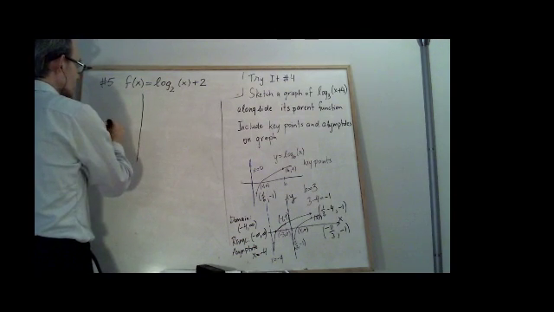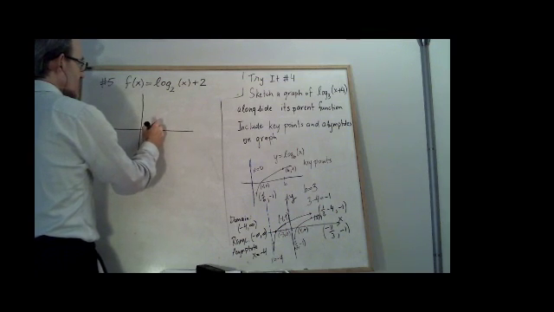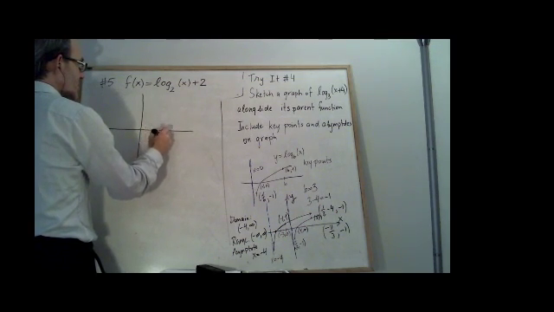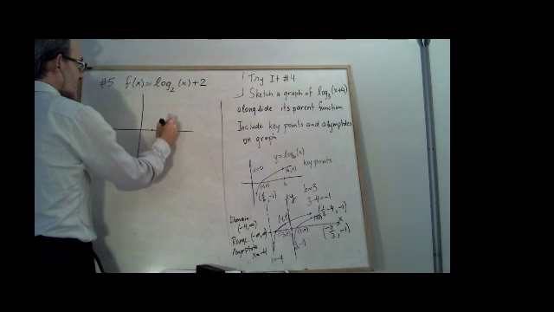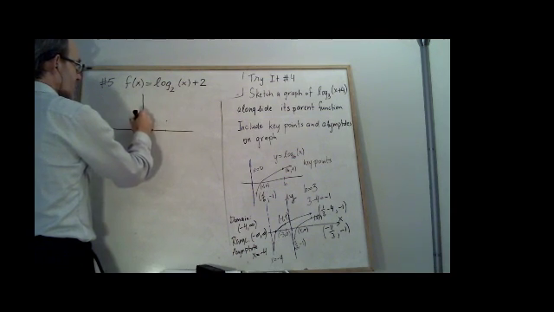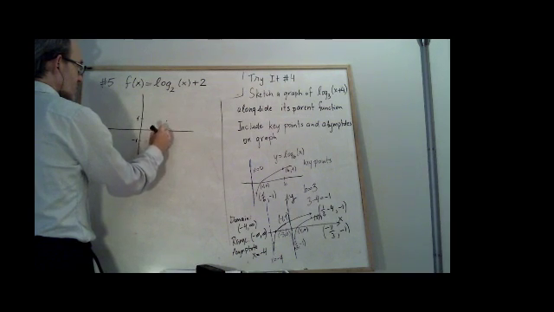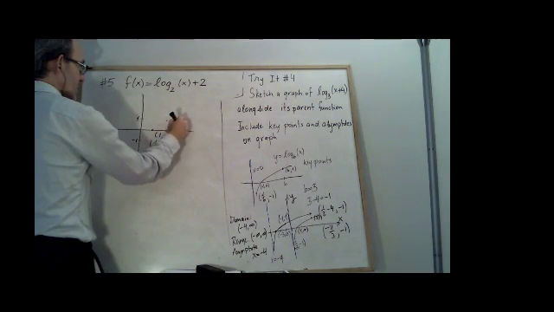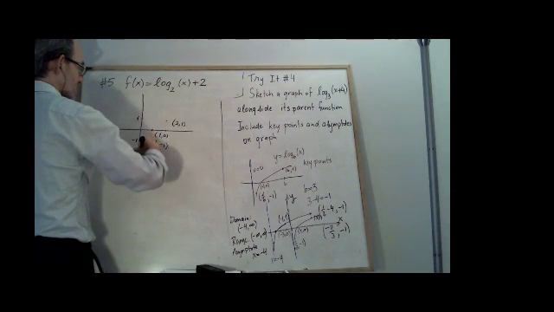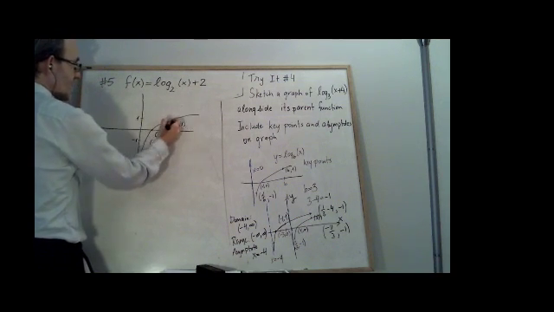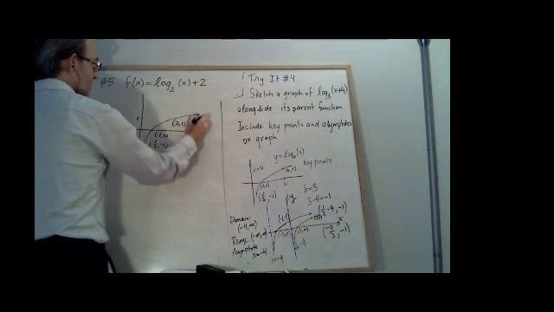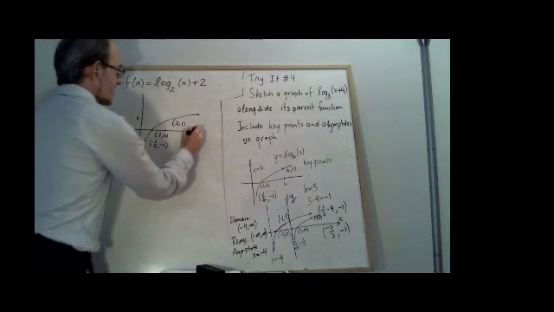So the parent function goes through 1, 0, and then 2, 1, and 1/2, -1. Those are key points. It goes to infinity a little bit faster, but still it's not very fast.